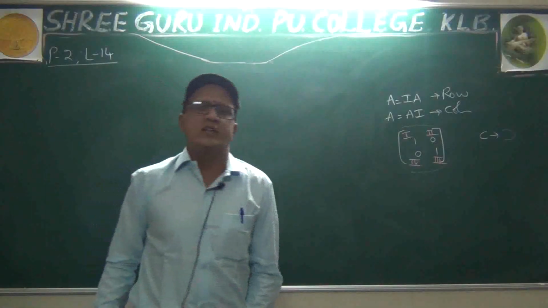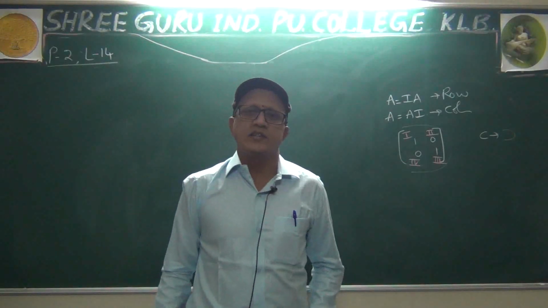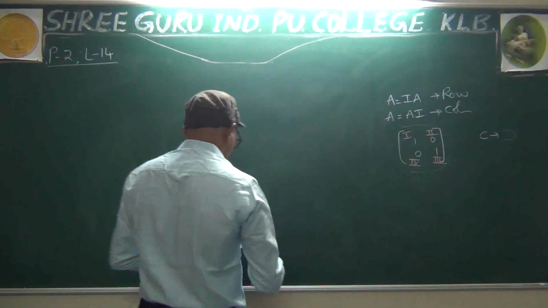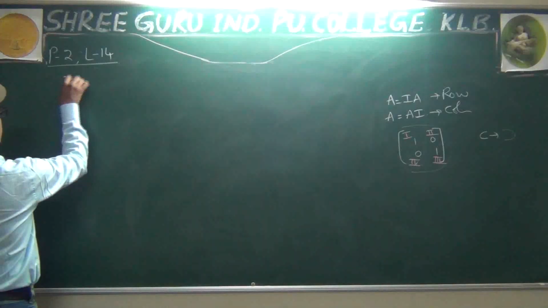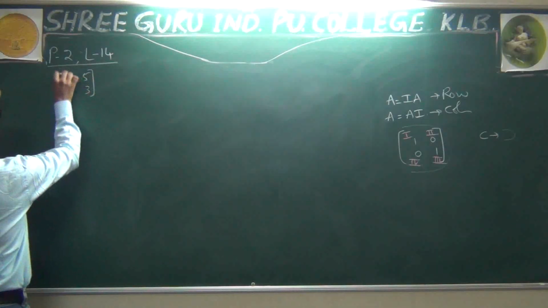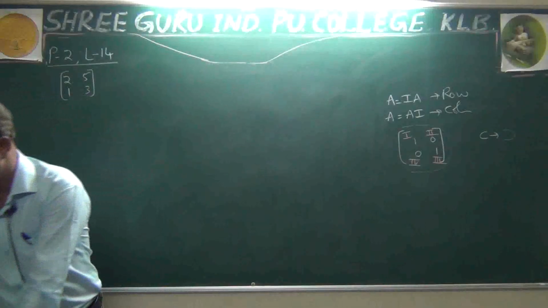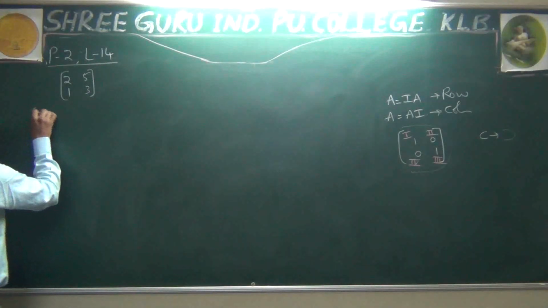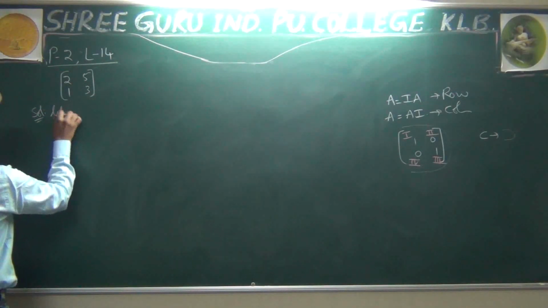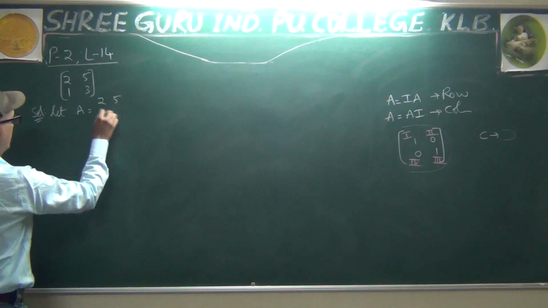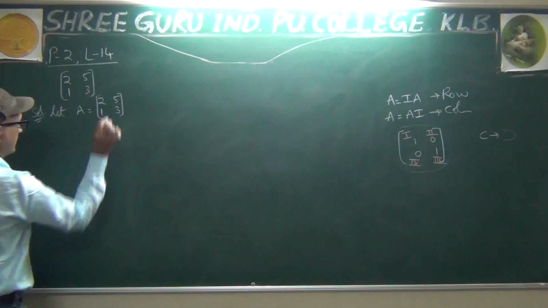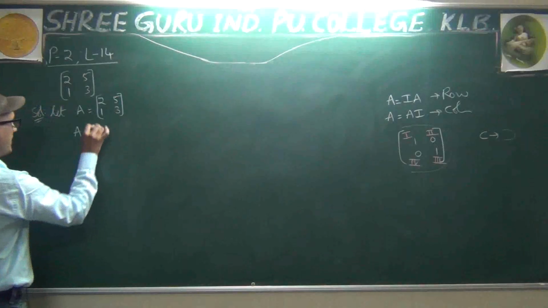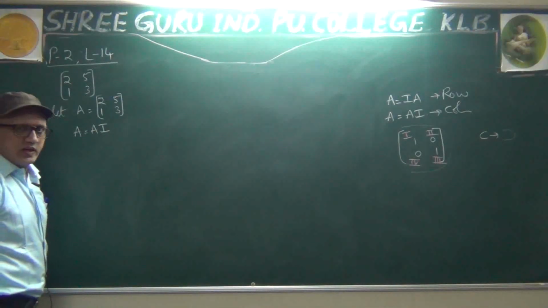The method is the same. The question is: find the inverse of the matrix 2, 5, 1, 3 by column operation. Solution. Let capital A equal to 2, 5, 1, 3. Column operation: A equals AI.